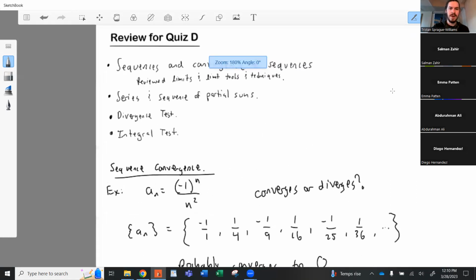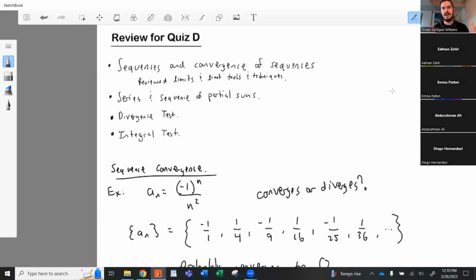Most of the time, when you're determining convergence of a sequence, it's fairly straightforward. It's just take the limit of the sequence, however the sequence is defined, and determine what that is. We might want to spend a little more time on this one, looking at partial sums and studying a series from that perspective. Does that sound good?